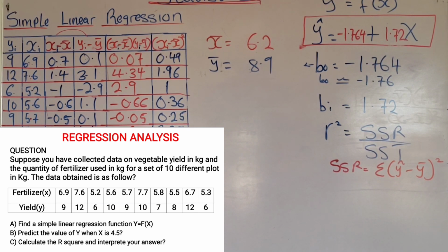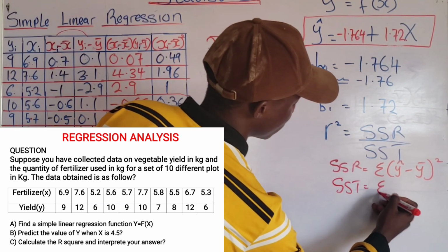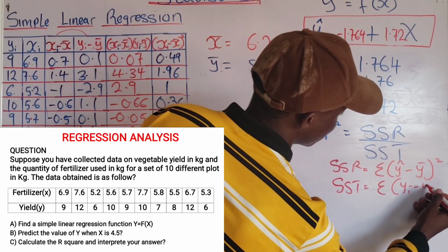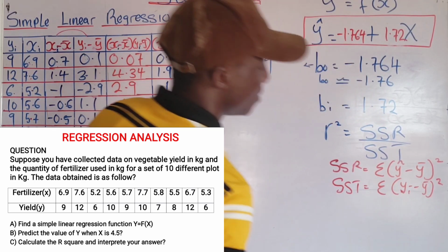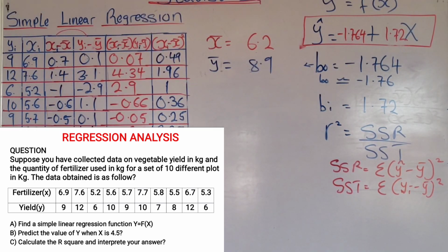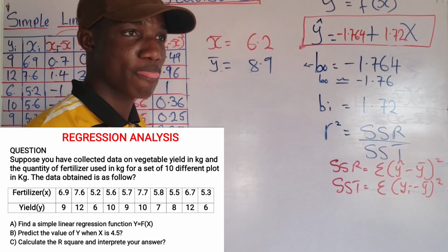Now, SST is another formula that you need in an attempt to compute your coefficient of determination. SST can be gotten using the formula summation of y minus y bar squared. You understand? I'm going to explain, okay? Just pay attention. This is the predicted value of y.